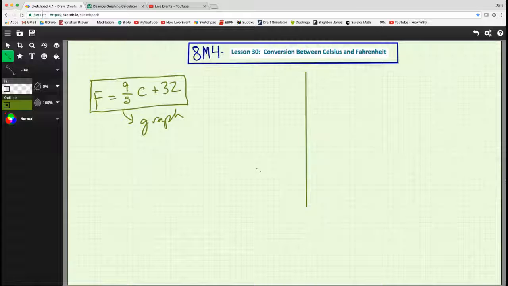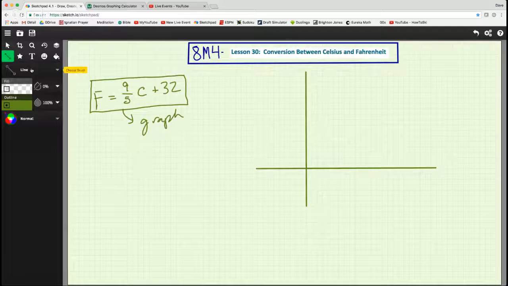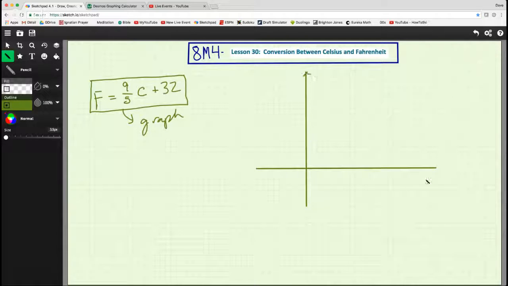We'll make it a little bit longer in these two directions. All right. So here, this is our X. Our Celsius goes here, our Fahrenheit goes here, and we won't make these the same scale. 10, 20, 30, 40, 50, 60, 70, 80, 90, 100.